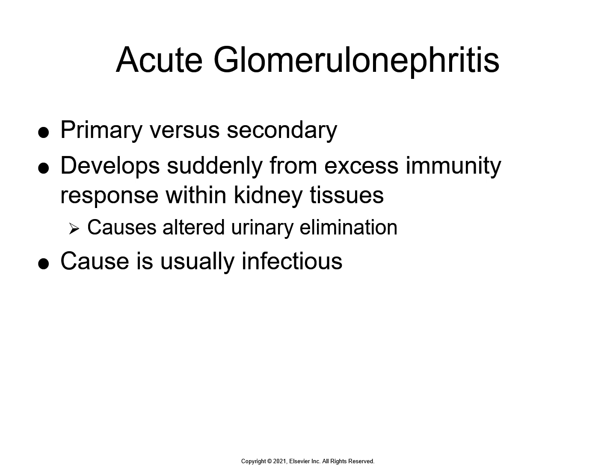Now let's talk about acute glomerular nephritis. It too can be primary and it can be secondary. It develops suddenly from an excess immune response from the kidney tissues, and it causes altered urinary elimination. The cause is generally infectious. A patient who has acute renal injury caused by glomerular nephritis is classified as intrinsic or intrarenal failure.